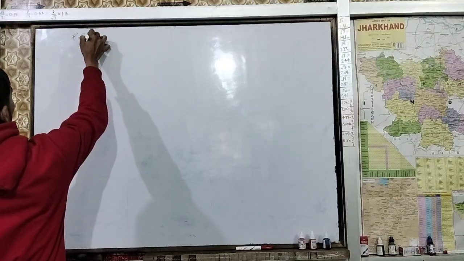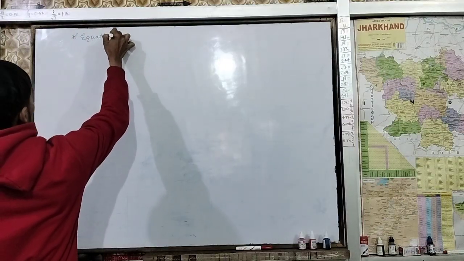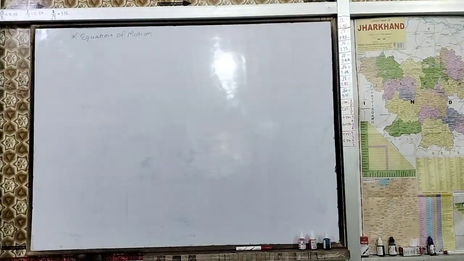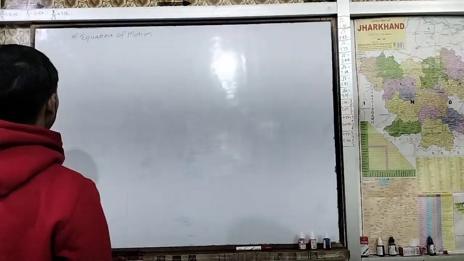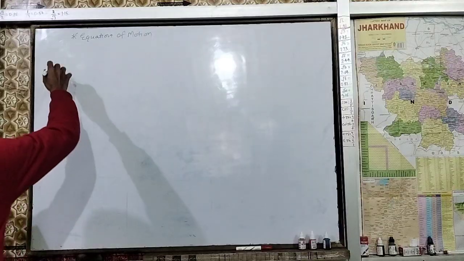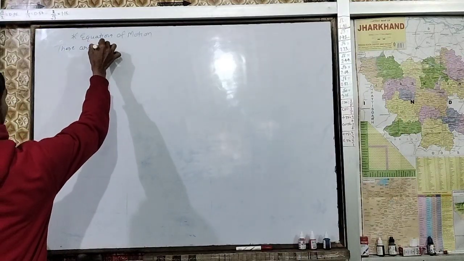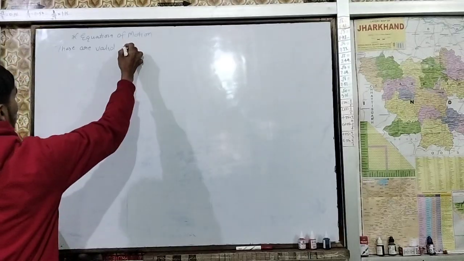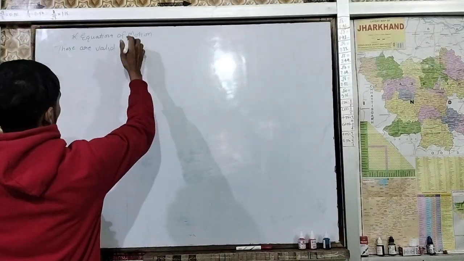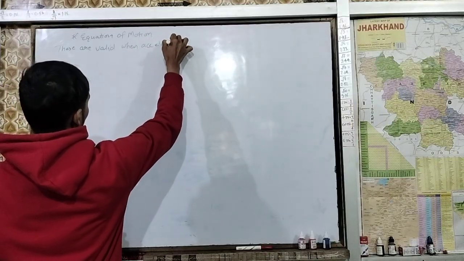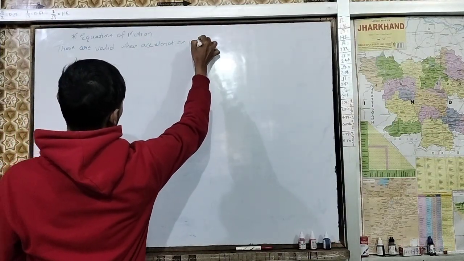Now equation of motion. There are basically three equations of motion. These are valid when acceleration is constant.